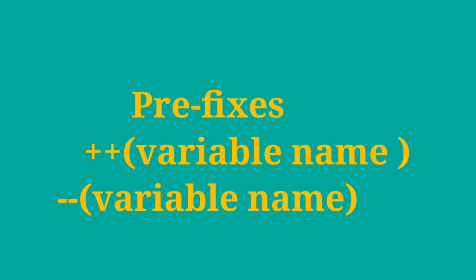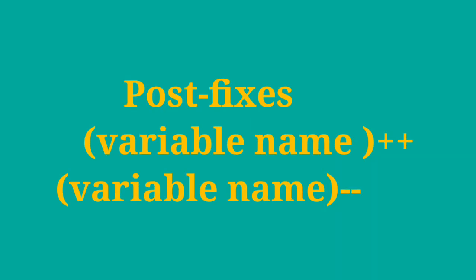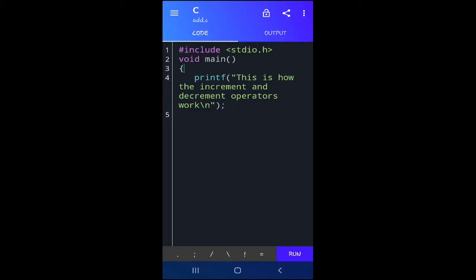These increment and decrement operators are used as prefixes and postfixes. As we see an example, I will help you understand all these things, so let us straight away see the examples.